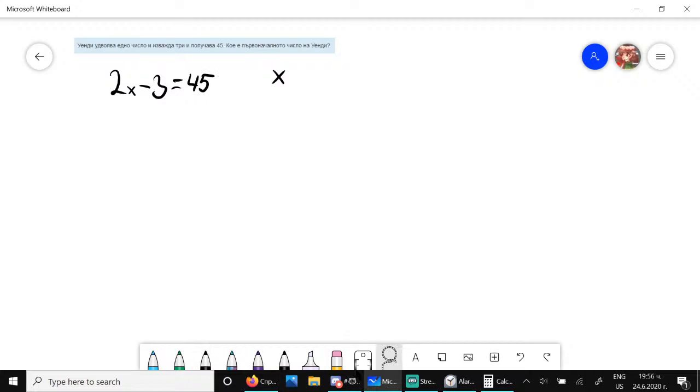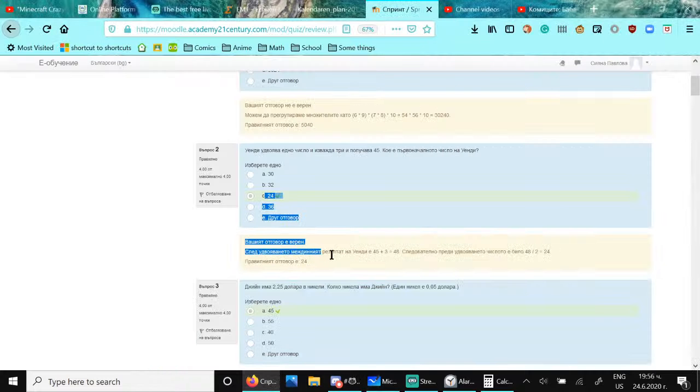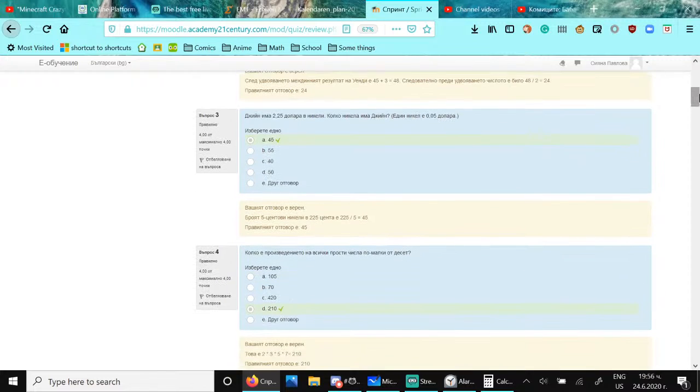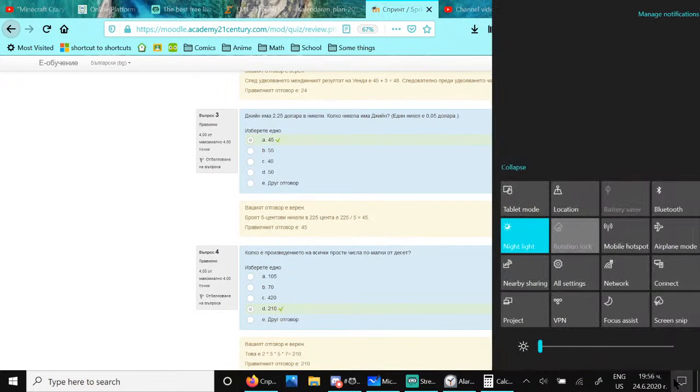That's a very easy equation, so I'm just gonna solve it without a lot of explanations. X is equal to 24. Now that's the correct answer, as you can see. We move on to the third one.